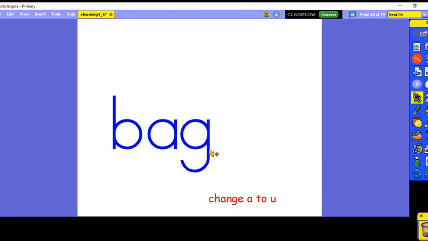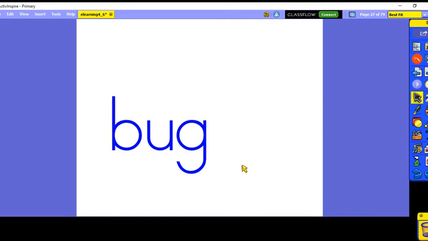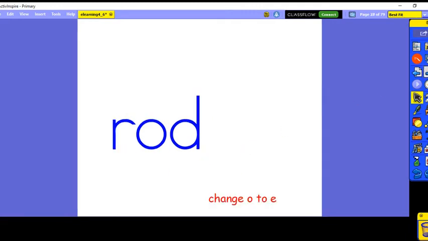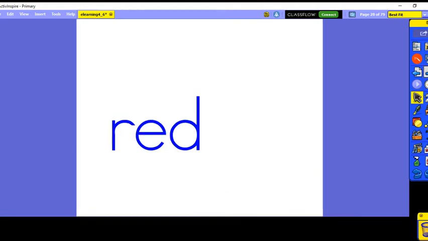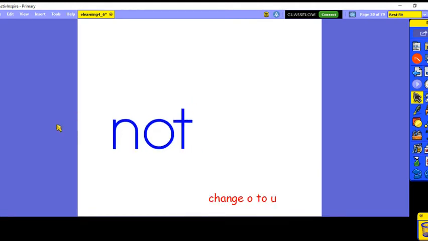Ag. Let's change a to u. What word do we have? Bug. Odd, rod. Change o to e. What word? Red. Not, not.